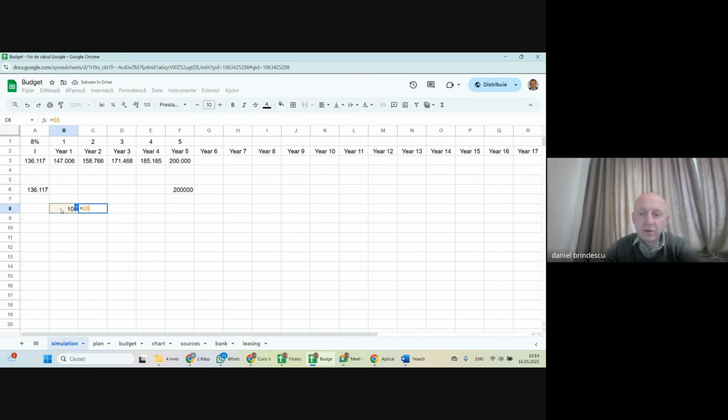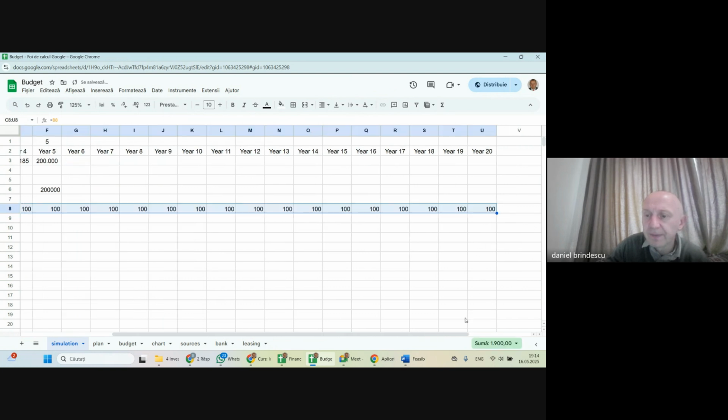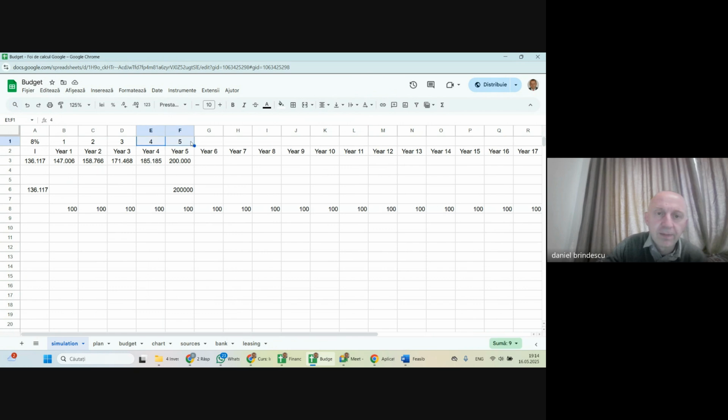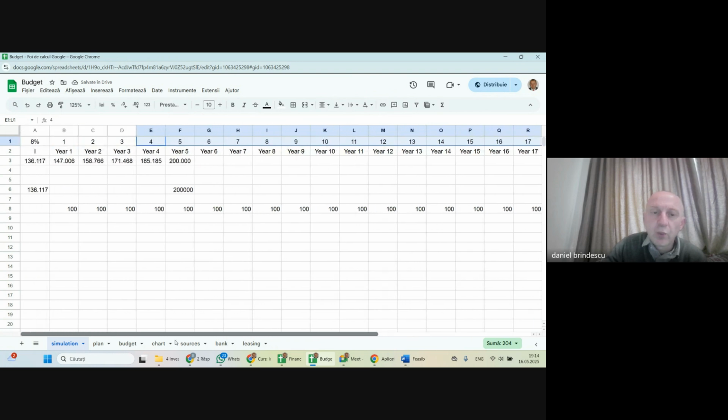So let's say that I would have an investment that would generate 100 monetary units each year for 20 years. What would be the present values?